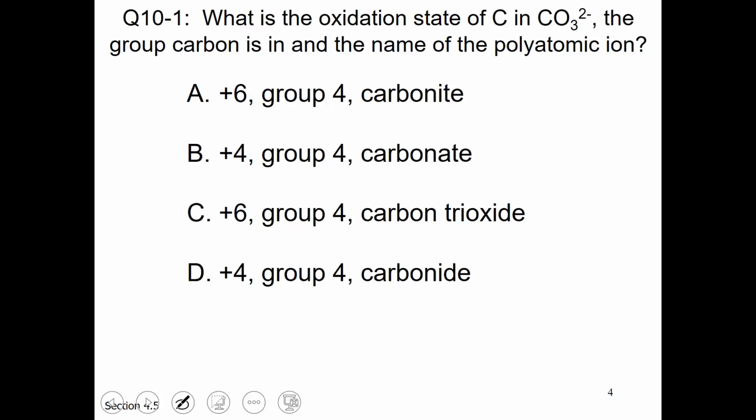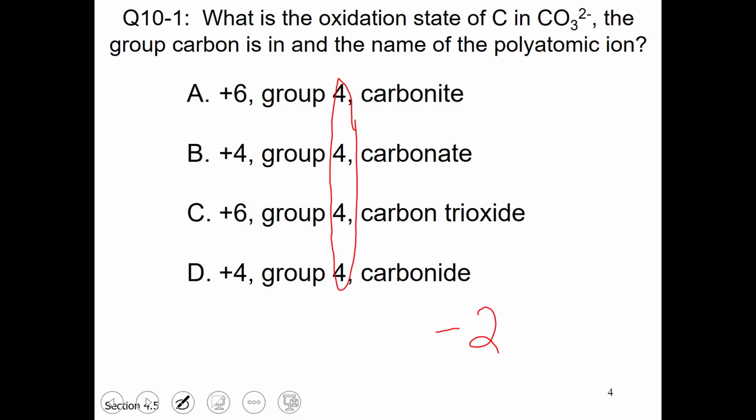So here's an example. What is the oxidation state of carbon in CO3 2-, the group carbon is in, and the name of the polyatomic ion? All right, I think we can probably guess that yes, carbon is in group 4. Let's look at the oxidation state. We know it has to add up to -2.